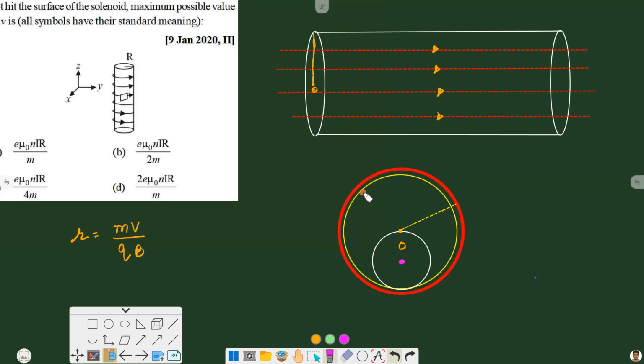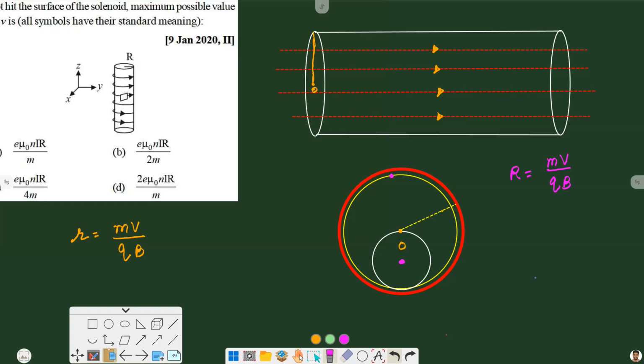Because when the electron enters on the yellow path, it would mean that the particle has started from this point, and the radius for this rotation is r. For the yellow path, we will have the equation r = mv/qB, where B is the magnetic field.